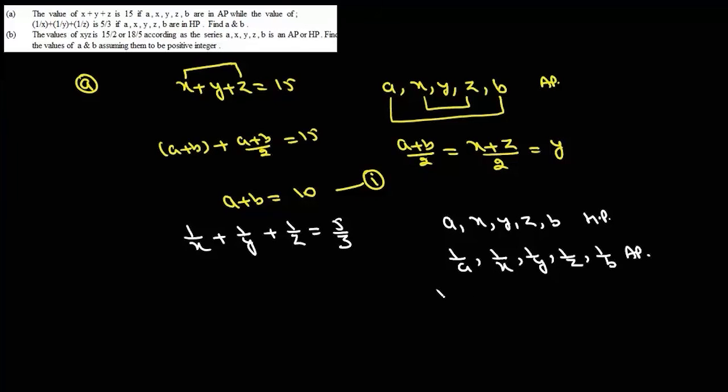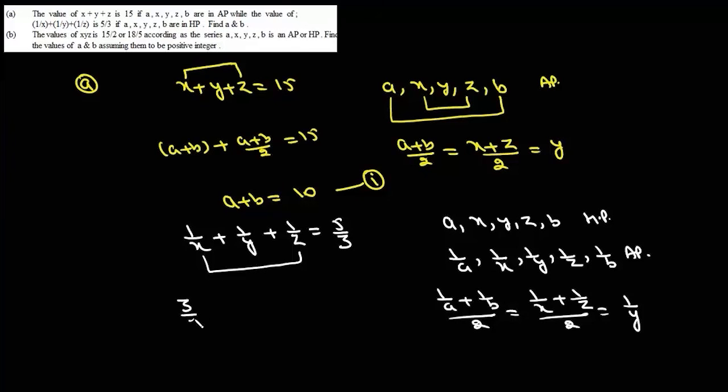That means again arithmetic mean of terms equidistant from beginning and end will be same. So 1 upon A plus 1 upon B by 2 must be equal to 1 upon x plus 1 upon z by 2 and will be equal to 1 upon y. Now this is 1 upon A plus 1 upon B whole divided by 2. So it will be 3 by 2 times 1 upon A plus 1 upon B, and that will be equal to 5 by 3.